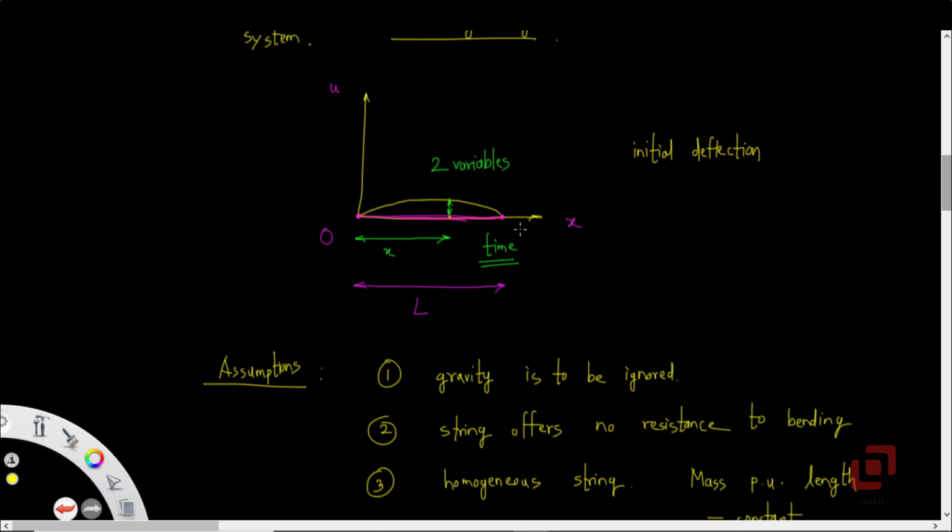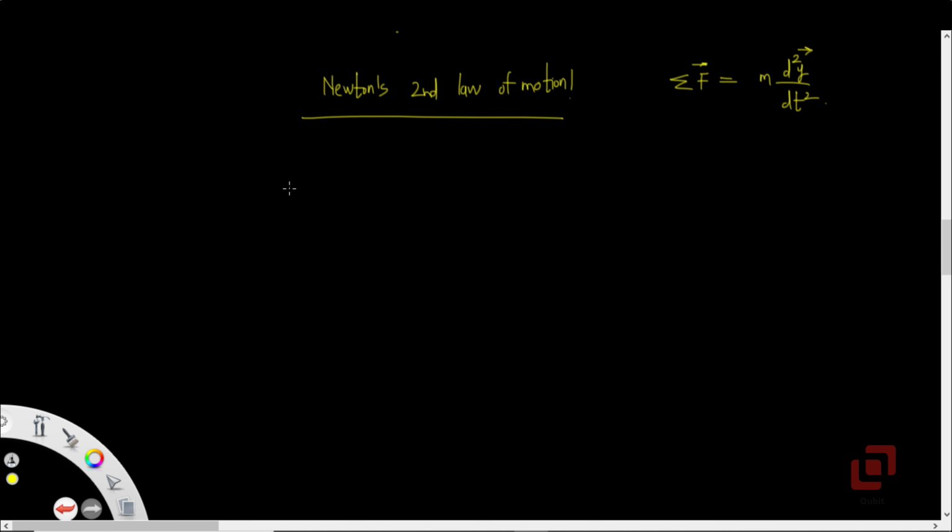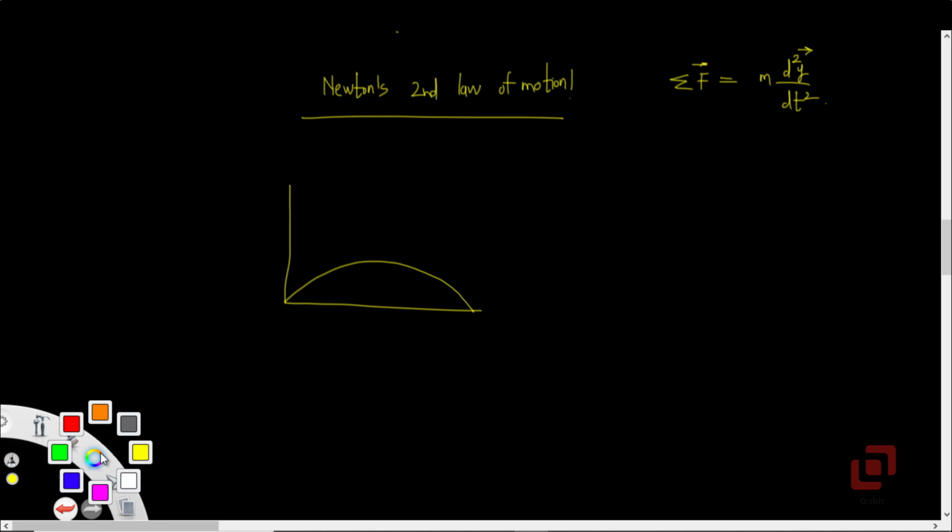Going back to this figure, we are going to consider a small section of the string. We are not going to consider the entire string. So let's do it. If this is the vibrating string, we are going to consider a small portion. I'm naming that portion PQ, and let me redraw it here.